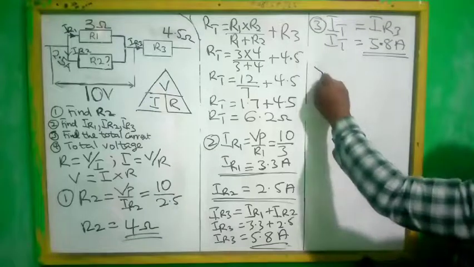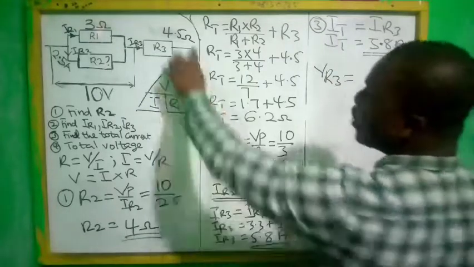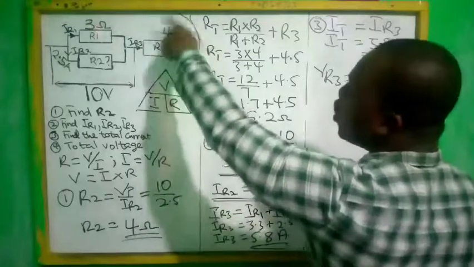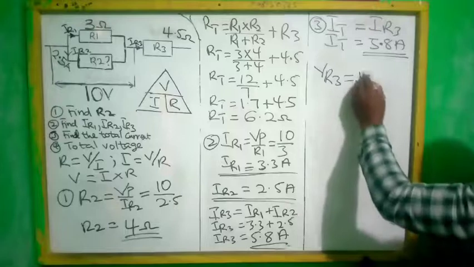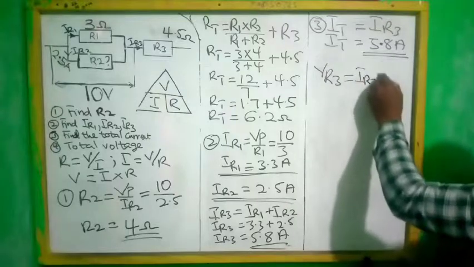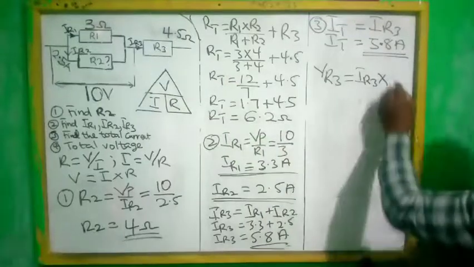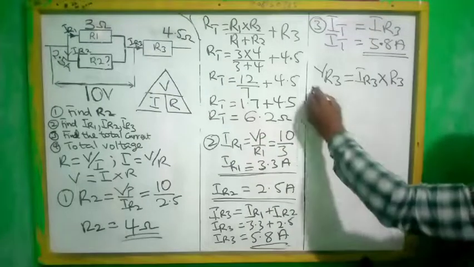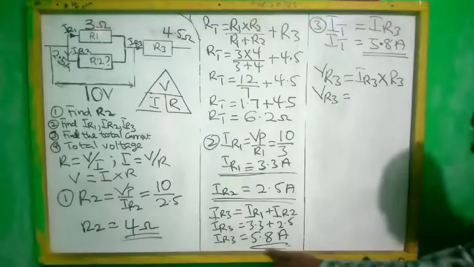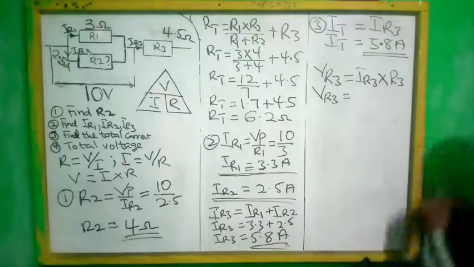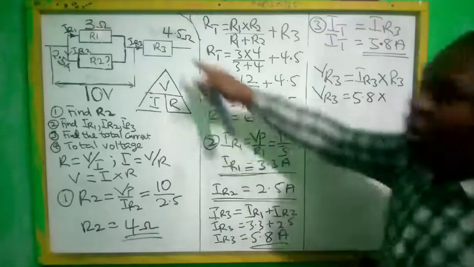So the voltage across this 4.5 ohms is equal to the current in R3 multiplied by R3. The current in R3 we worked out as 5.8, and R3 is 4.5.